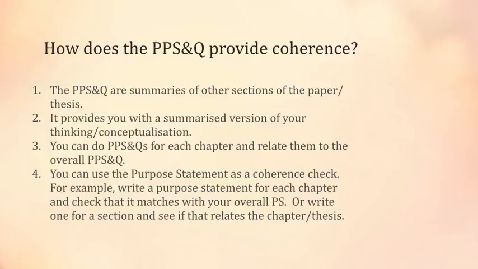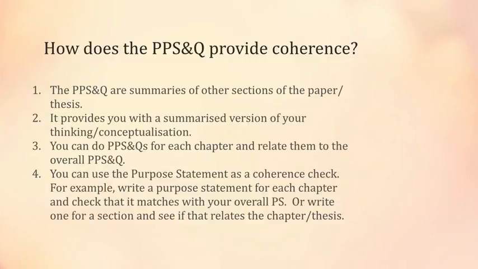So for example, you can do an overall problem purpose statement for your thesis, but then you can do one for each chapter. So for example, you could do a problem purpose statement for the literature review chapter. You may find the problem is very similar to your overall problem, or it might be slightly different.